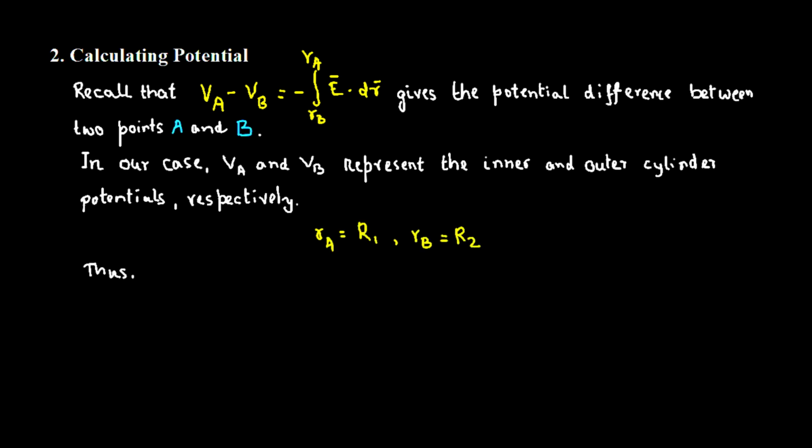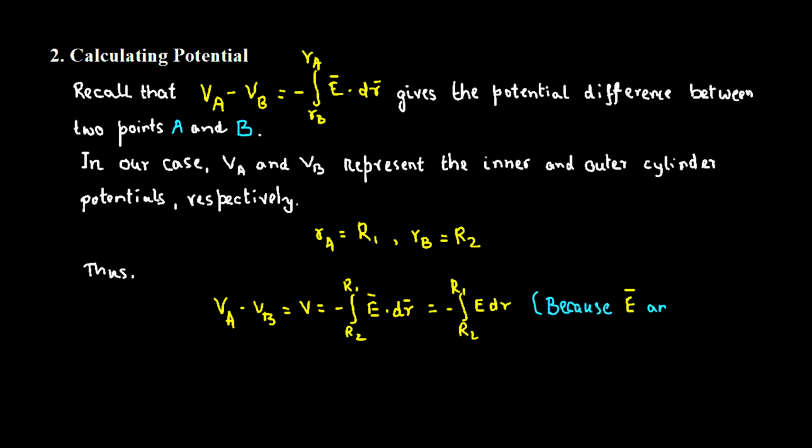Thus, VA minus VB is equal to V, which is equal to negative the integral of E dot dr going from R2 to R1, which is equal to negative integral R2 to R1 of E dr, because the electric field and dr vector are both pointing in the same direction.